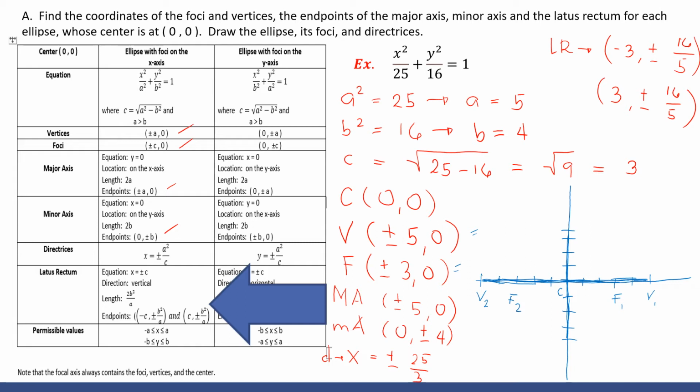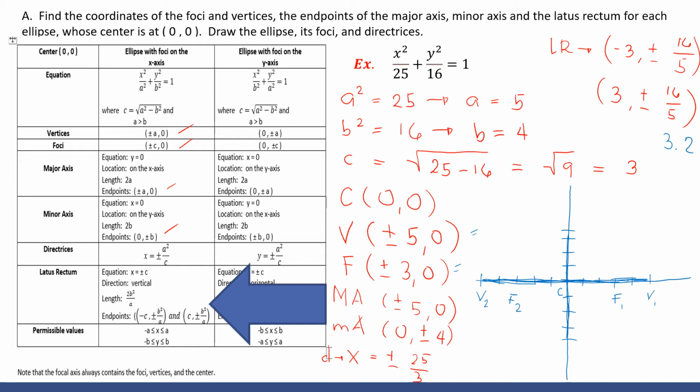Okay? And then, for the endpoints of the lattice rectum, since we have negative 3 plus minus 16 over 5, the value of 16 over 5 in decimal is about 3.2. Meaning, ipa-plot natin itong endpoints ng lattice rectum. So, 1 is negative 3.